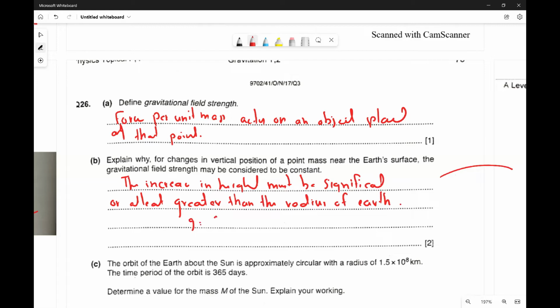g is equal to GM over r square, and g is equal to GM over (r plus h) square. देखो again ये equation कहाँ से निकल रही है, because all of the mass of that object will obviously be acting at the center of the Earth, right?